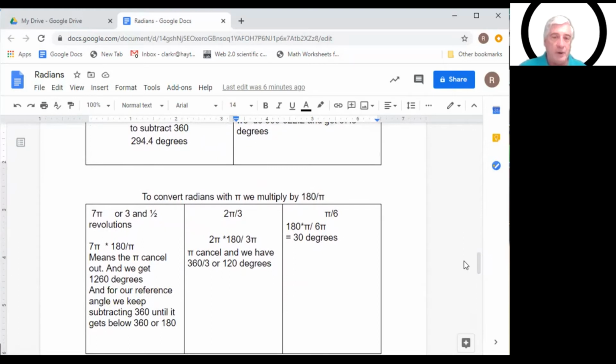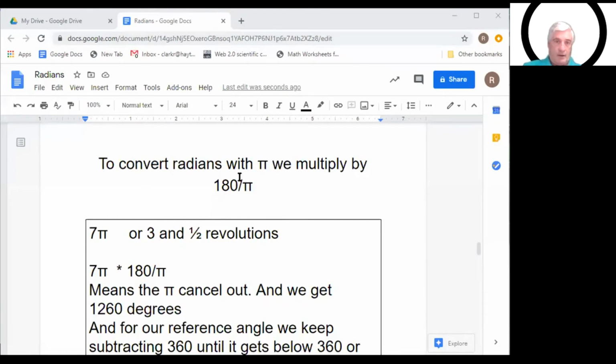To convert radians with a pi, we simply multiply by 180 divided by pi, and the pi's will cancel out. So here in my first example, I've got 7 pi, or 3.5 revolutions. 7 pi times 180 divided by pi means the pi's will cancel out and we will get 1260 degrees.